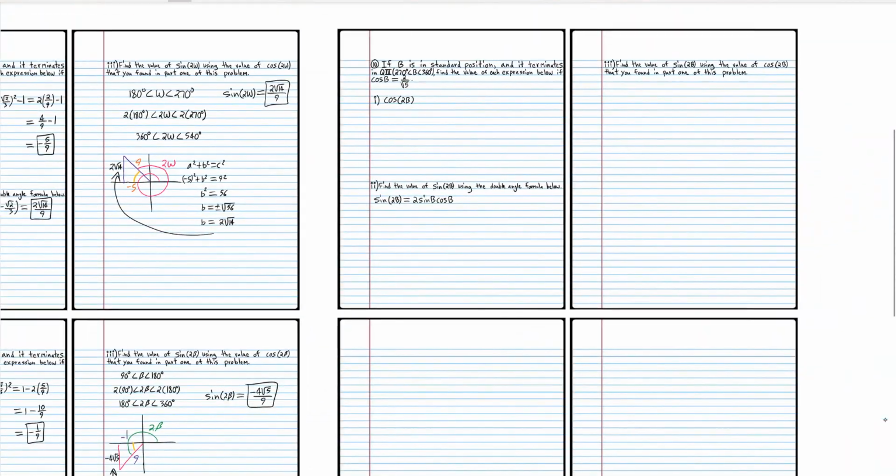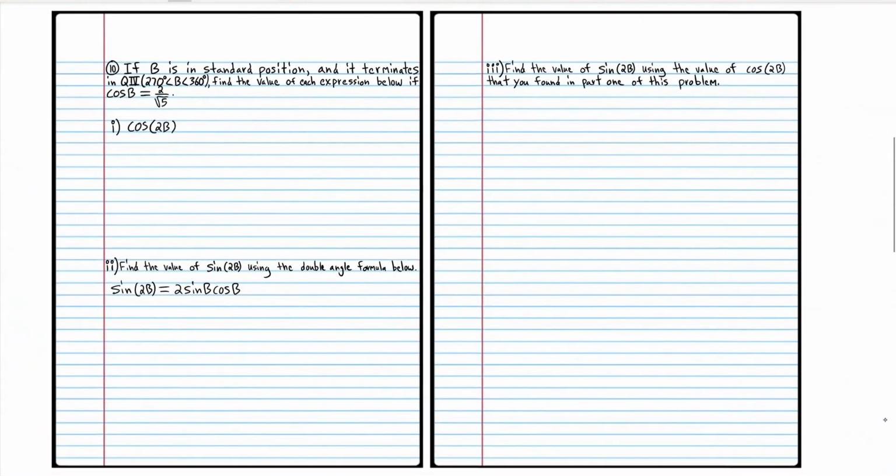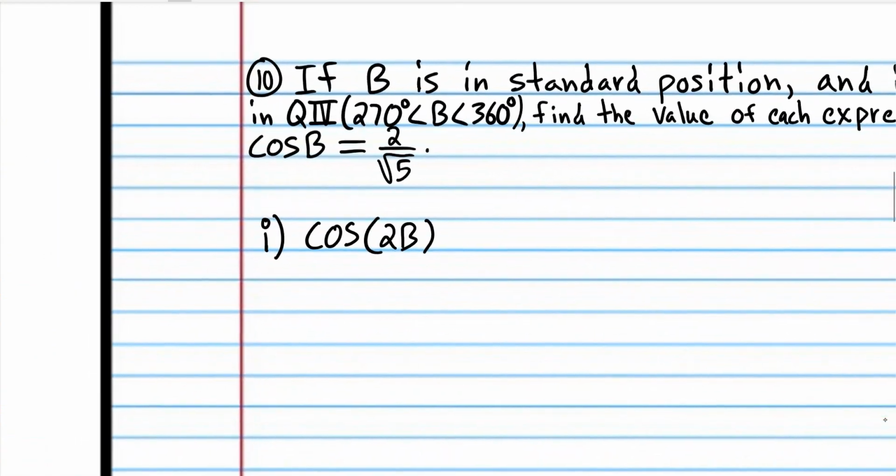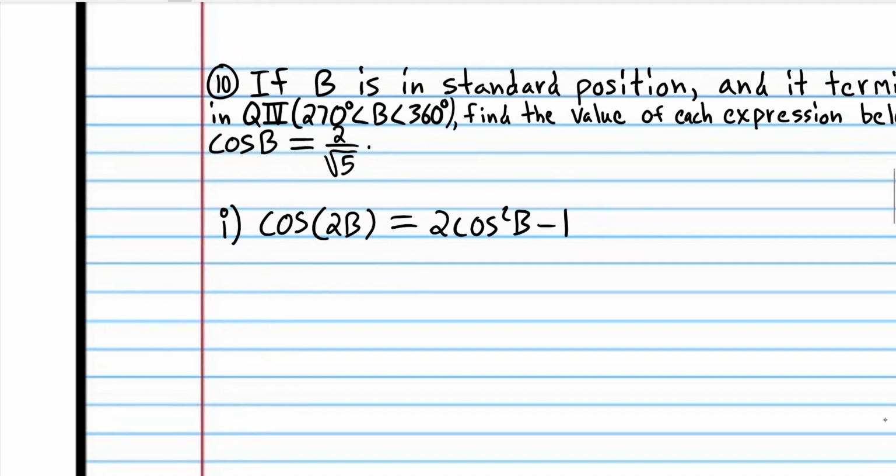So now we have one more problem. Go ahead and try number 10, and when you come back, we'll do it together. All right, we're back. So we have cosine b, so we're going to use 2 cosine squared b minus 1. That's one of our double angle formulas.